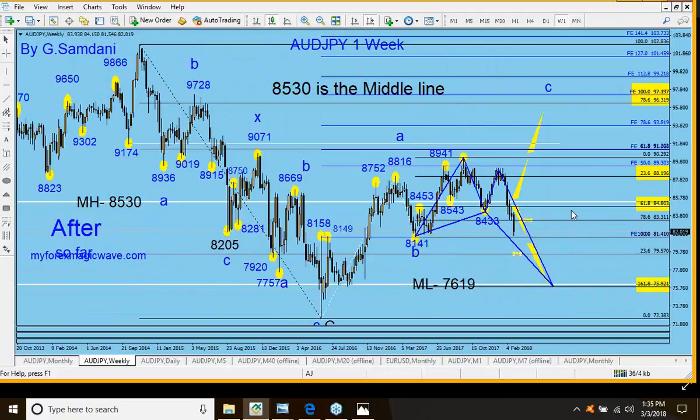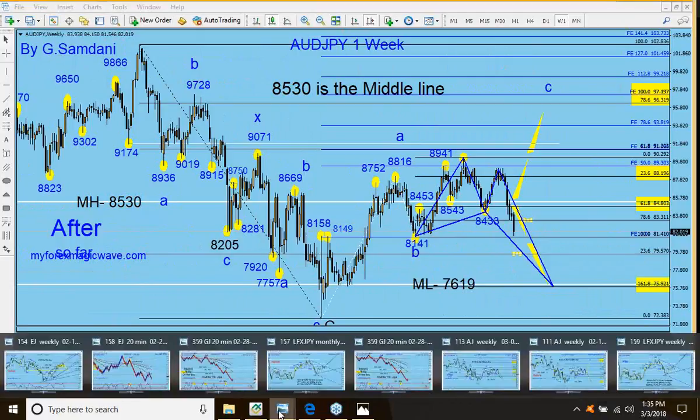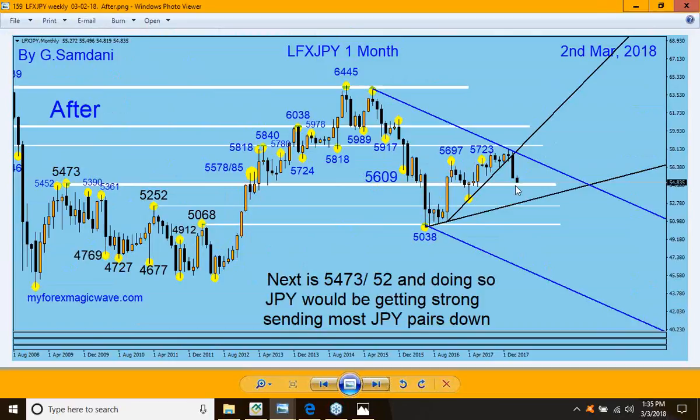Okay. So this is how you look for the targets. And these two charts, man, be careful, because when the market opens up, you see this yen index chart. We already hit the first target. I said 54.73 would be the first target. Break that, we go to 52, this number. So we are at 54.73.